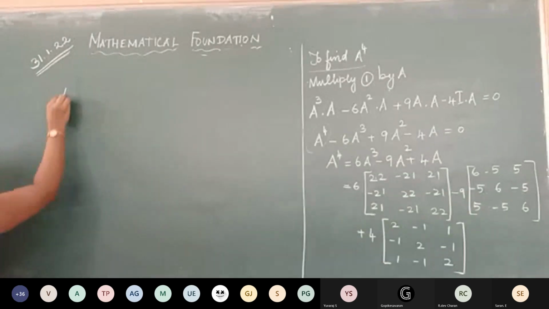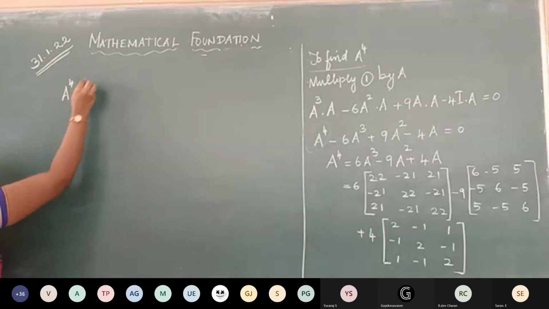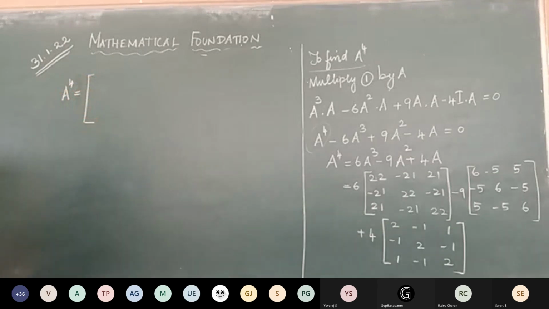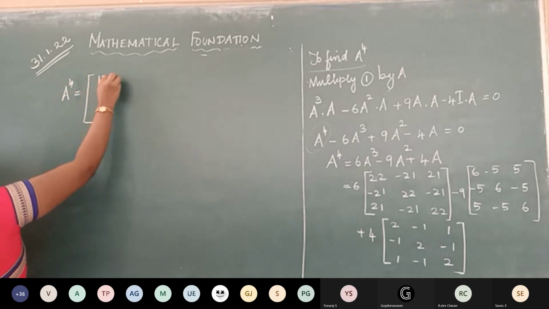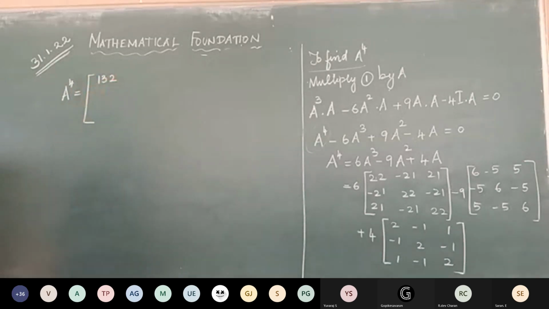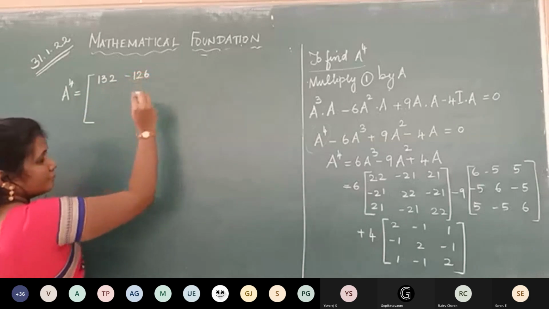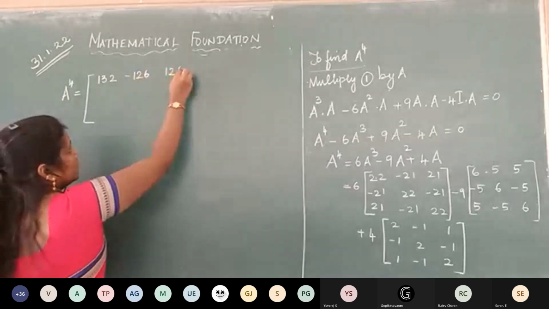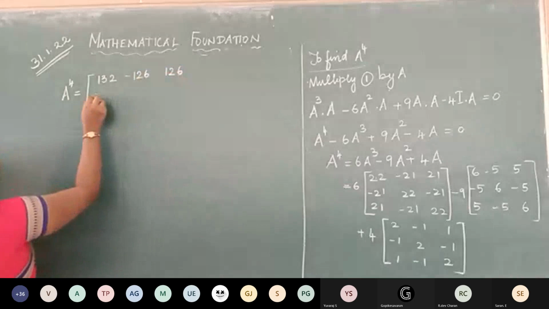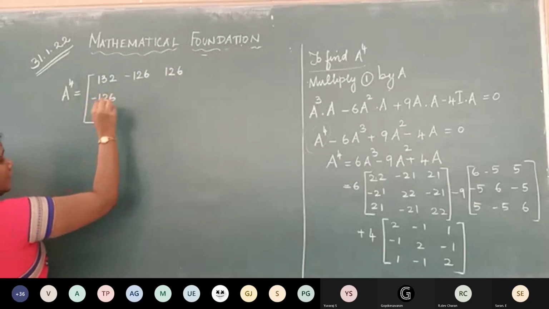Now multiply it inside. You're getting A power 4 is equal to, when I multiply 6 into 22, you get 132. And 6 into 21 is 126, minus 120. So only 21 and 22 are there, so I can do it easily.